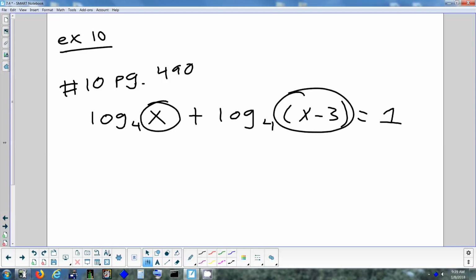There are your two arguments. Those are going to recombine. And when I recombine them, how does addition combine again? As multiplication. So I'm going to distribute it as I go. It's x squared minus 3x.